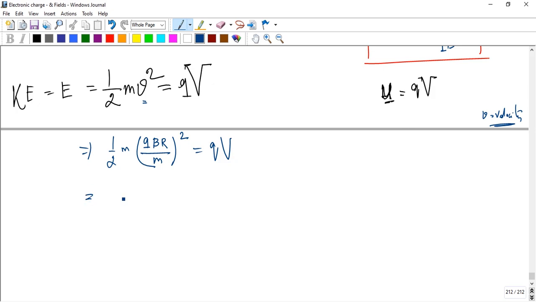Now that is half, and we get another expression: m q squared B squared r squared by m square.